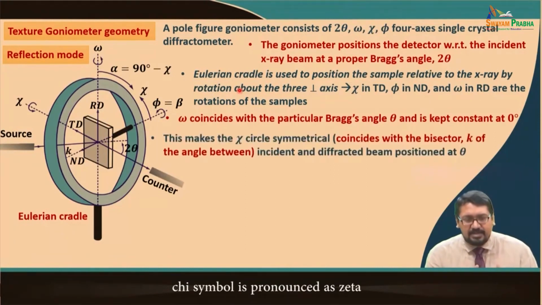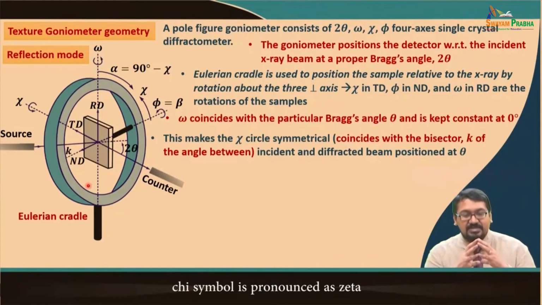So, what we understood from this is that the incident beam and the diffracted beam are such that the bisector of that beam, that we were showing by the bisector K, lies in the zeta circle.